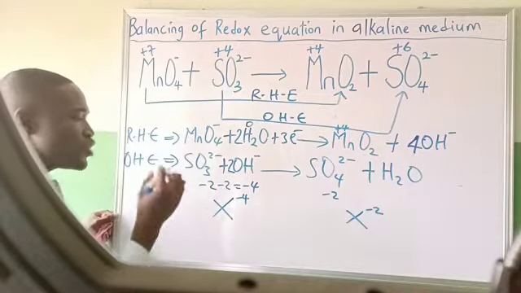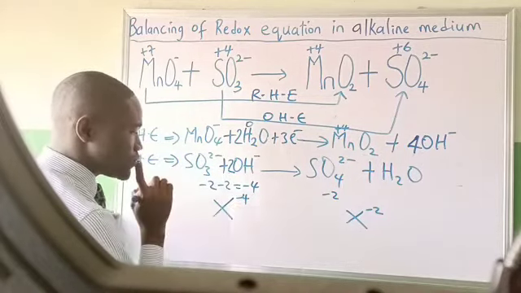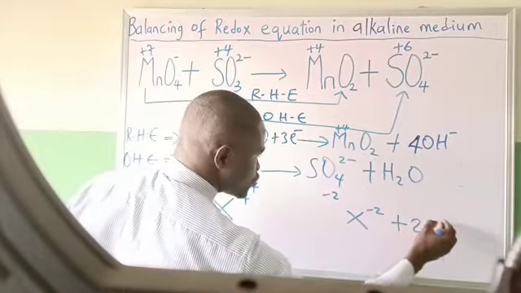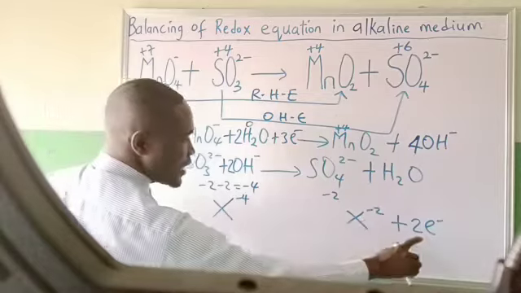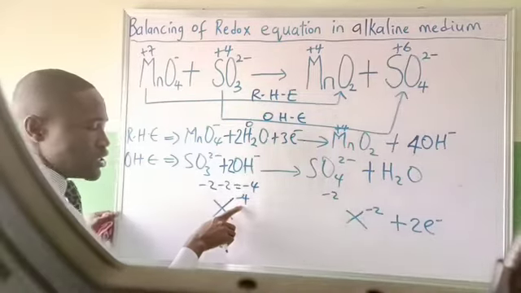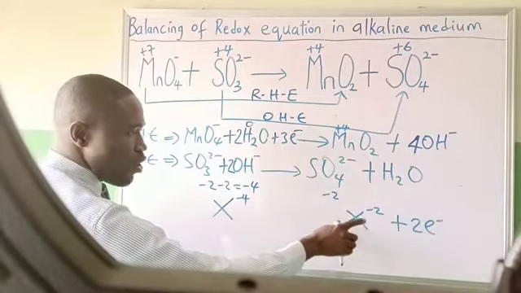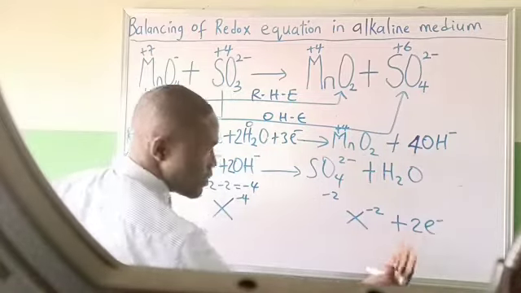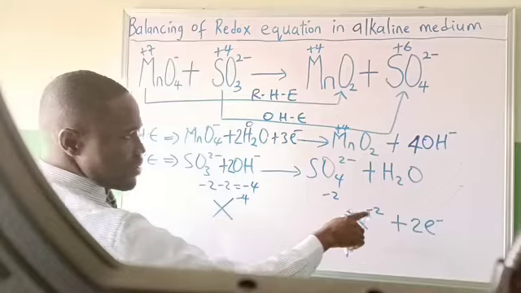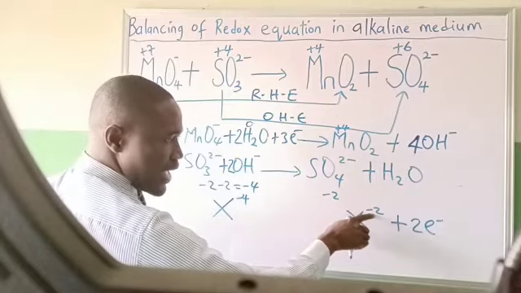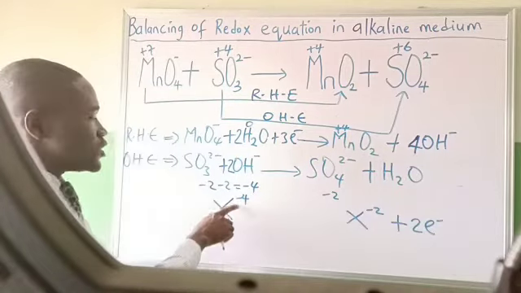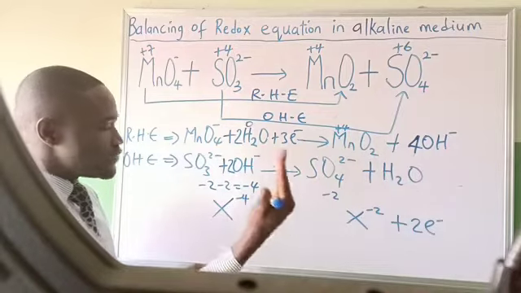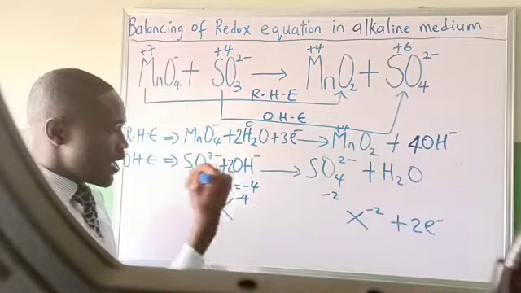Now, when this one takes extra 2 electrons, the total electrons it will take will be what? 4. This plus 2 electrons means it takes extra 2 electrons, making the total electrons 4. This one -4 means it needs 4 electrons, or is to take 4 electrons.